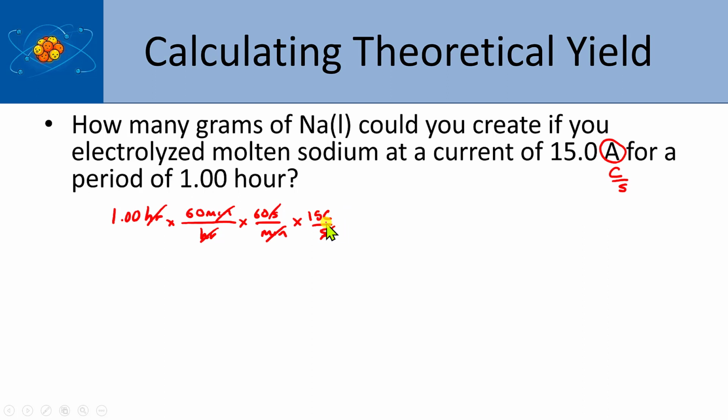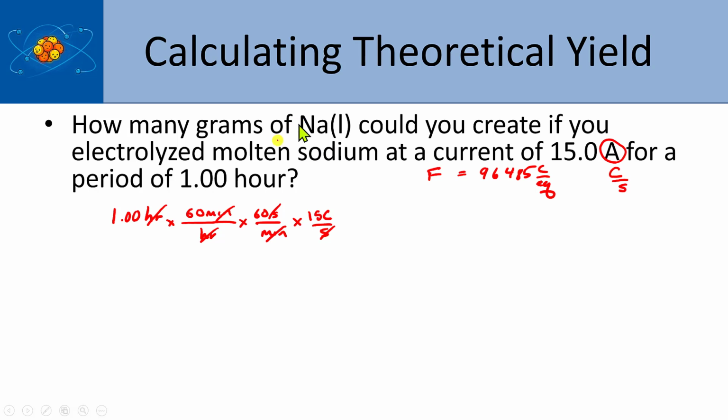The question is, how do you get to moles, right? And the answer is, we've already done it. We know the conversions that we need to do this, and those are Faraday's constant and the coulombs per equivalent. So we need to know N and we need to know F. So F is 96,485 coulombs per equivalent, and N is the number of moles of electrons passed for the reduction of sodium.